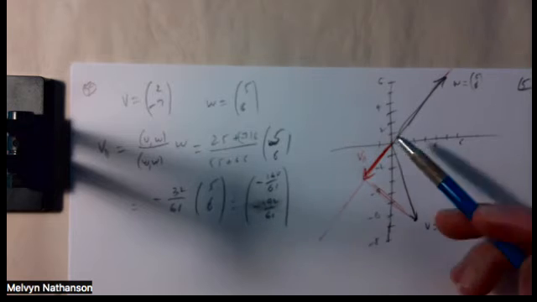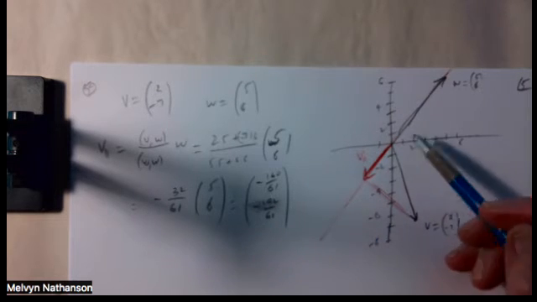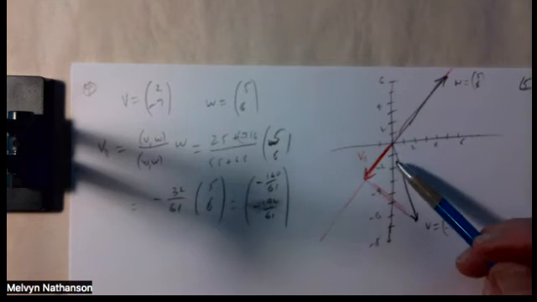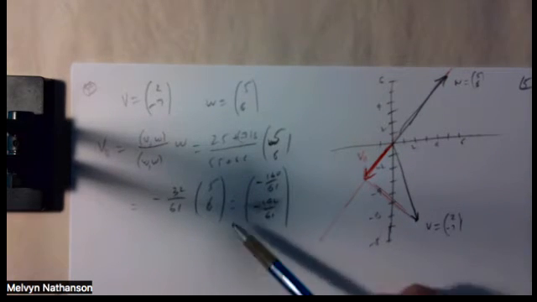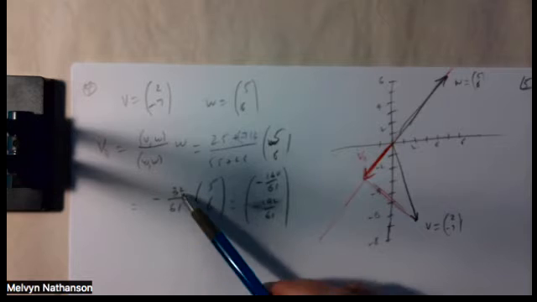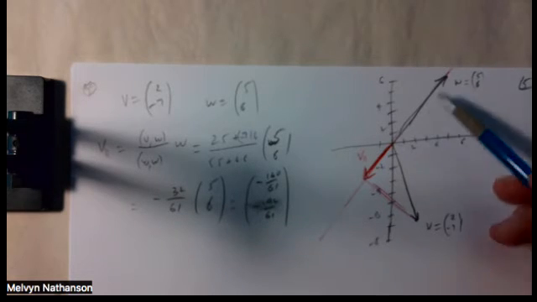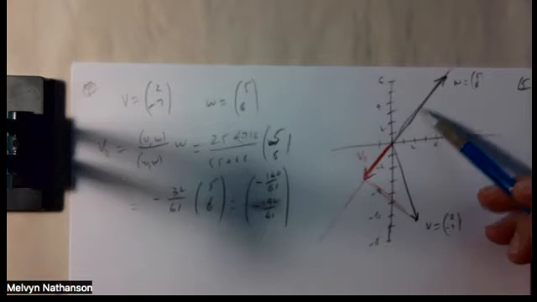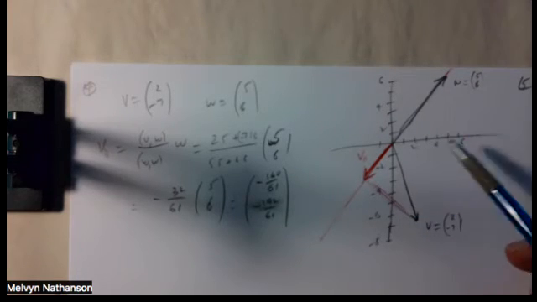Just to see that this actually coincides with our rough drawing, 32 over 61 is approximately 3 over 6, or a half. So it's minus a half. So this would be a vector in the opposite direction of w and about half the length, which is what it looks like.